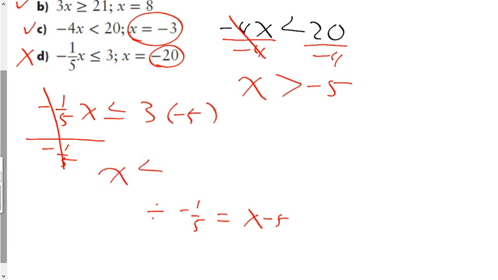And x is any value that's less than or equal to negative 15. Did I make a mistake? Because I think I did. What's my mistake? I forgot to flip the sign because I multiplied by a negative value, so I have to flip that inequality sign. And any value that's greater than or equal to negative 15. Is negative 20 greater than negative 15? No, because negative numbers get bigger the closer to 0 they get. So therefore, it's still no.